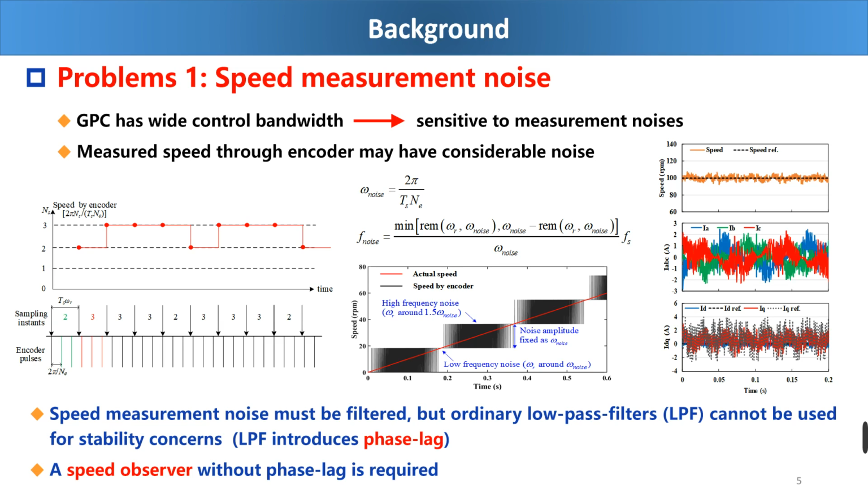So the GPC and the LPF cannot be combined. We should not use an external LPF directly added to the feedback loop. Alternatively, we should use a speed observer, which can remove the phase lag.